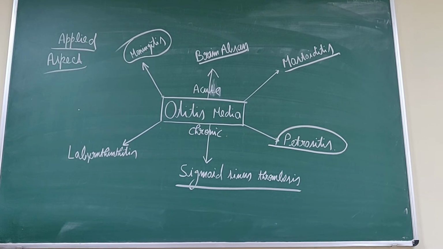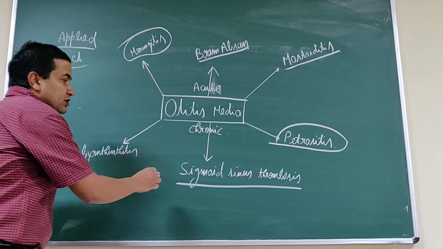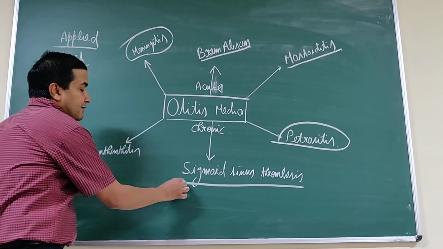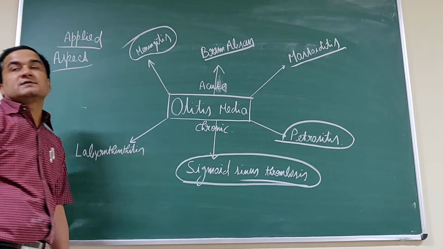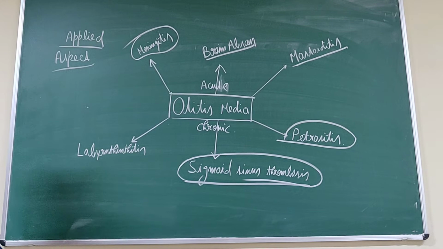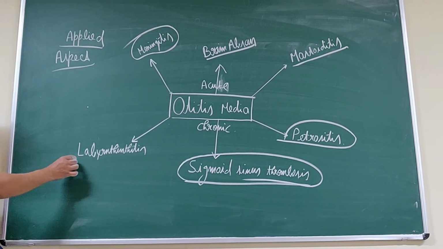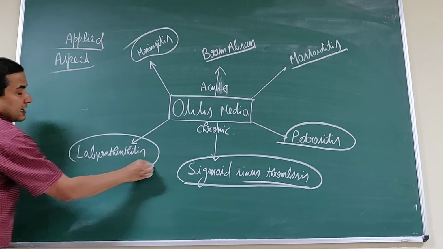As we know, the floor is related to the sigmoid sinus. If the sigmoid sinus is inflamed, it is sigmoid sinus thrombosis. Then, if it spreads into the internal ear, it is labyrinthitis.